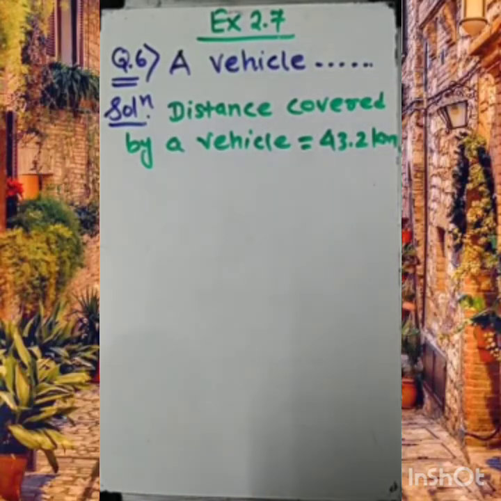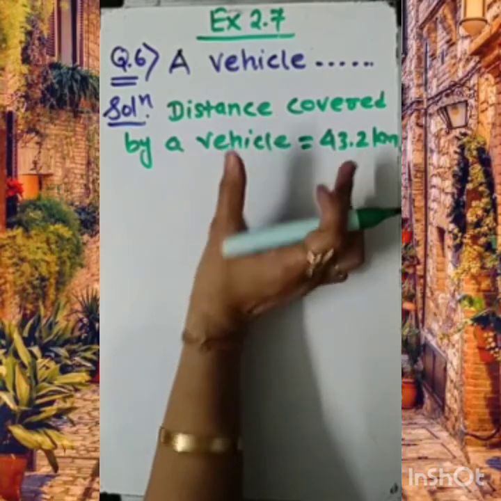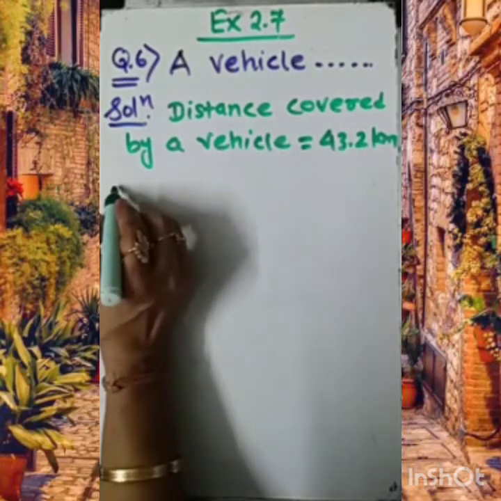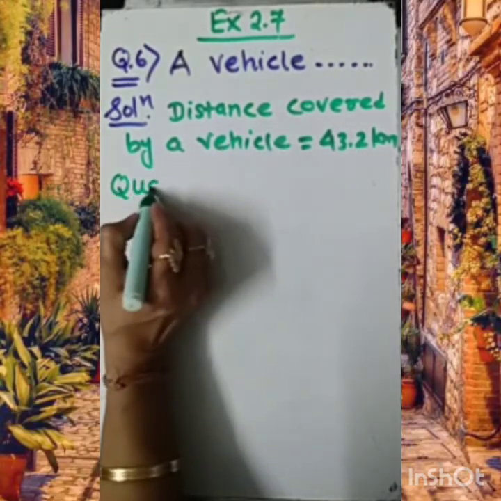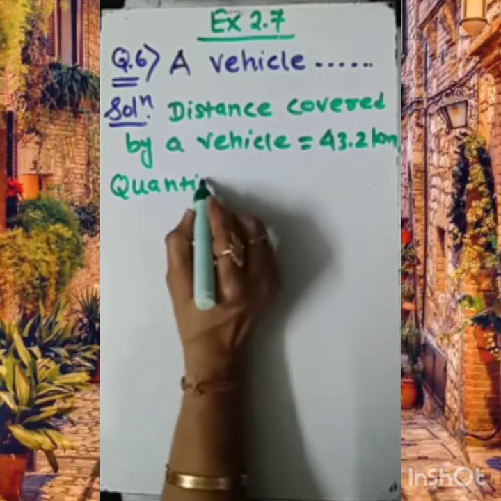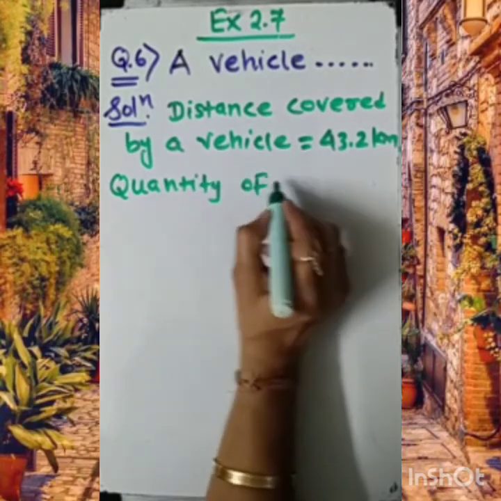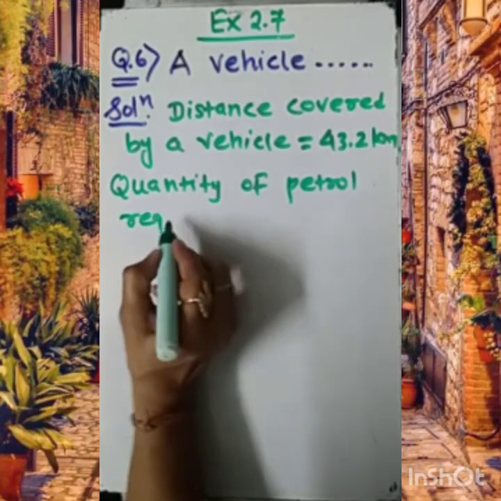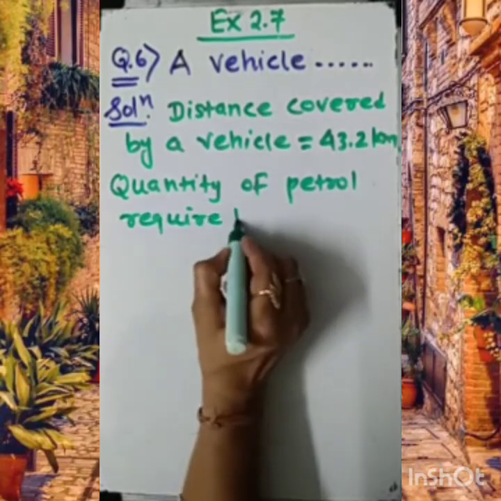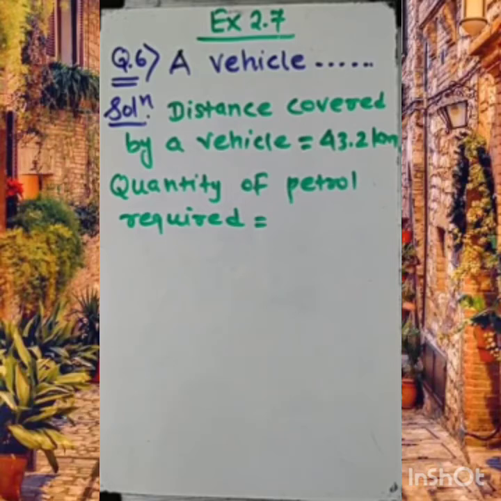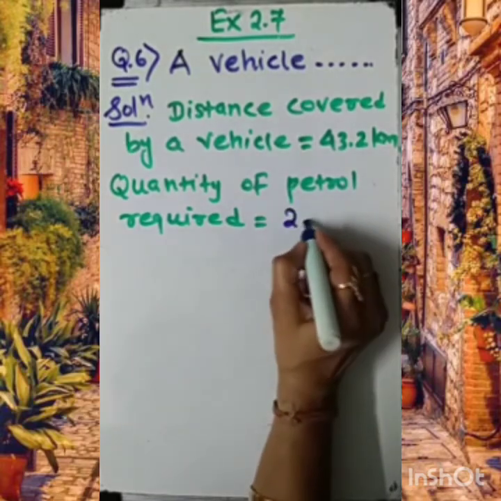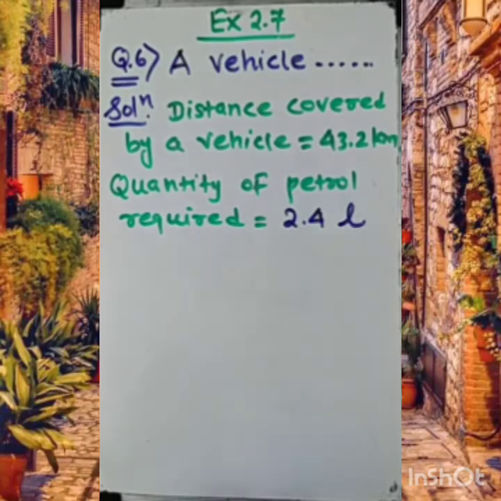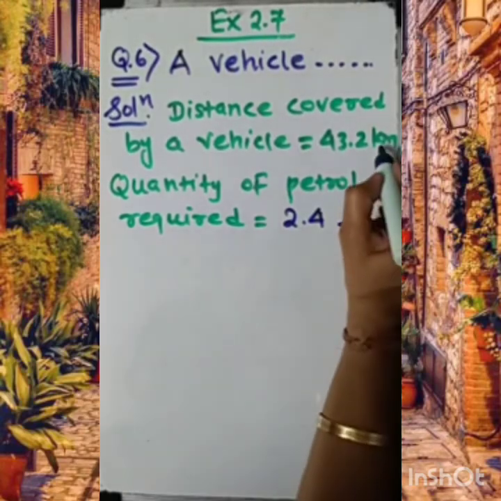Second, we need to mention this much distance is covered in how much petrol? So the quantity of petrol required to complete that much distance. So the quantity of petrol needed here is 2.4 liters. L for liter, this is kilometer.